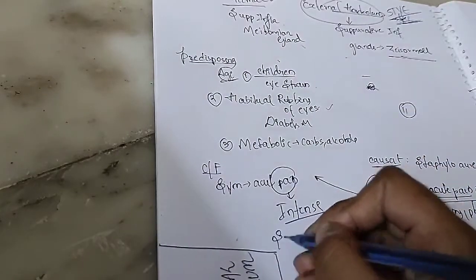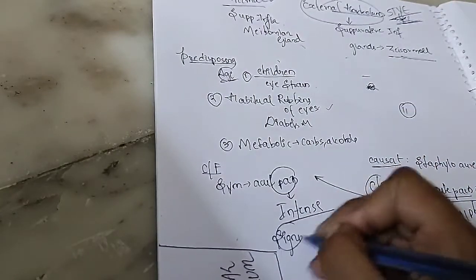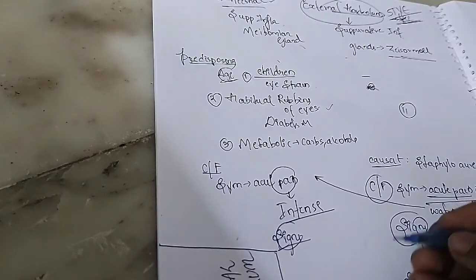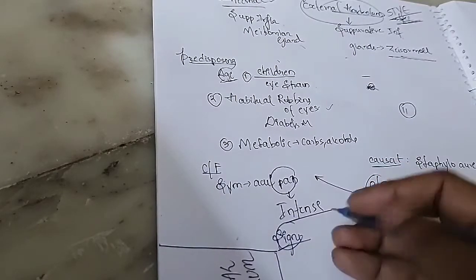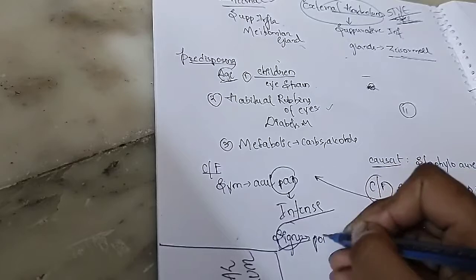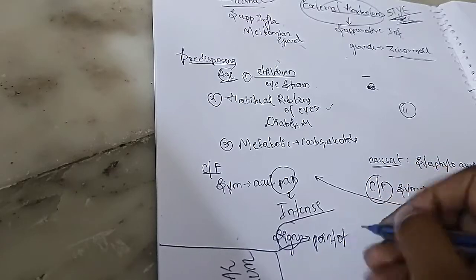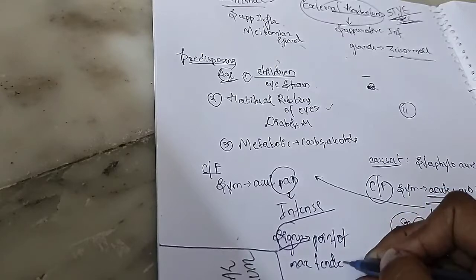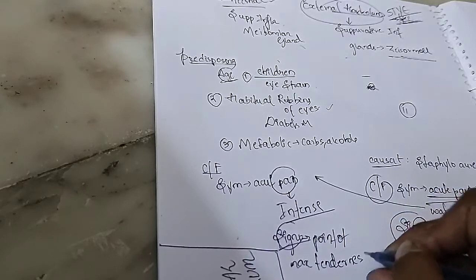And talking about signs, this is also a localized, firm, red, tender swelling of the lid. But as I told you, the pus point, or the point of maximum tenderness, is away from the lid margin. It is usually on the tarsal conjunctiva side.